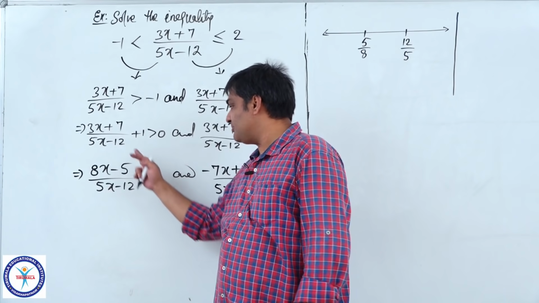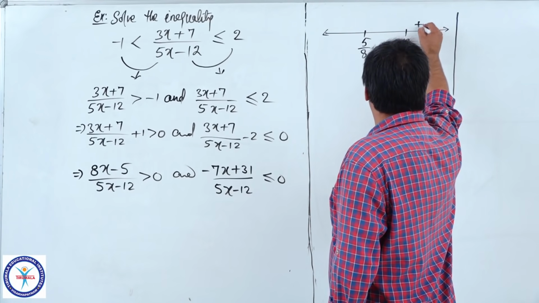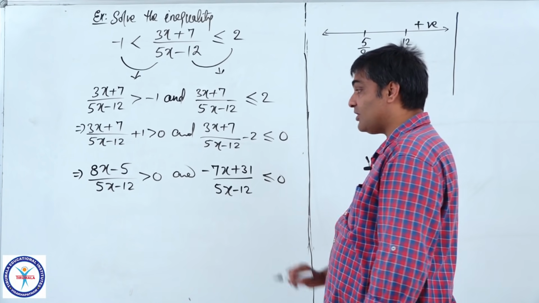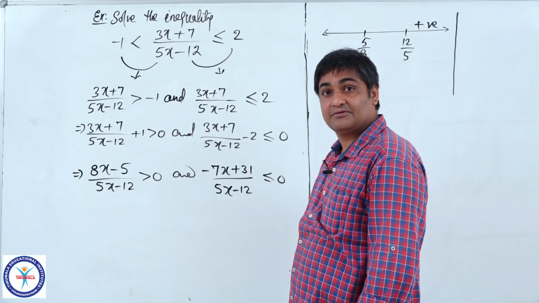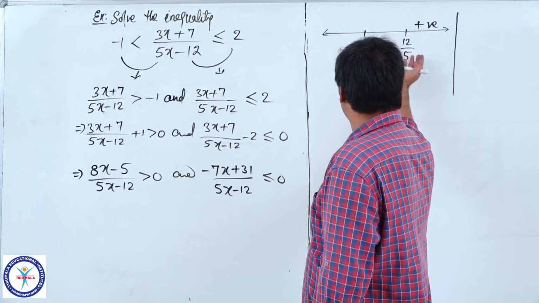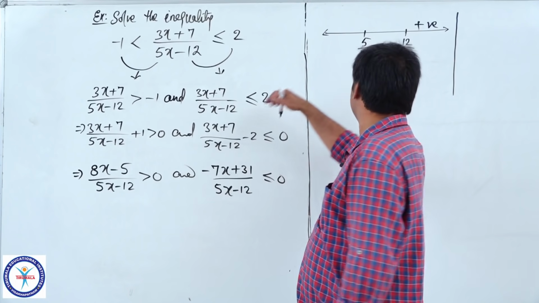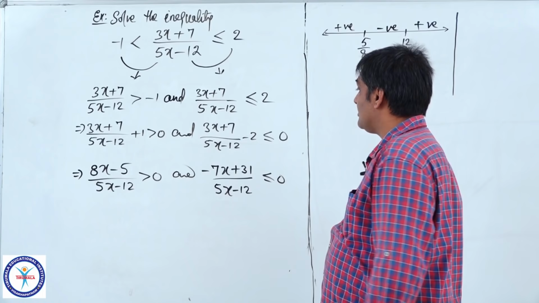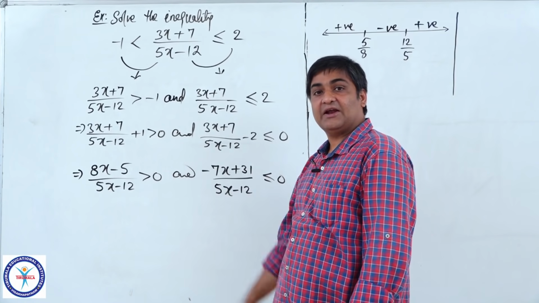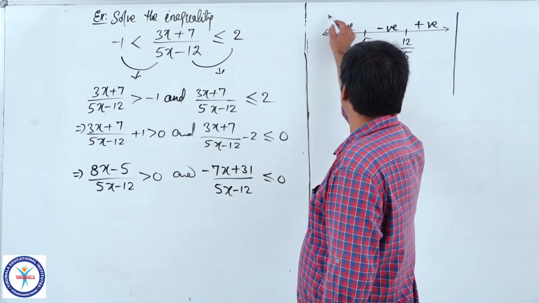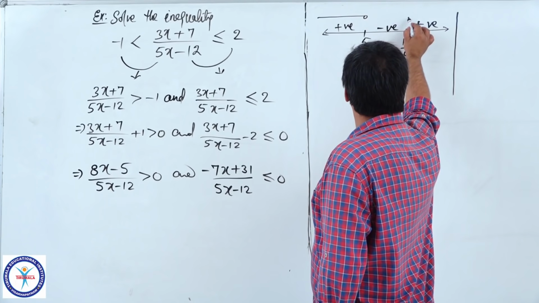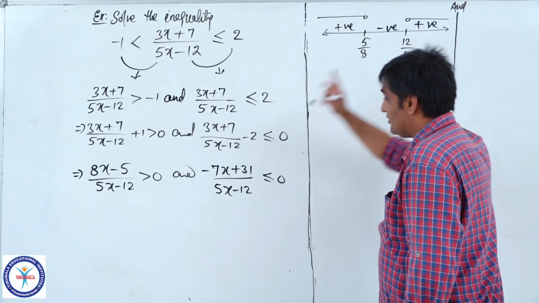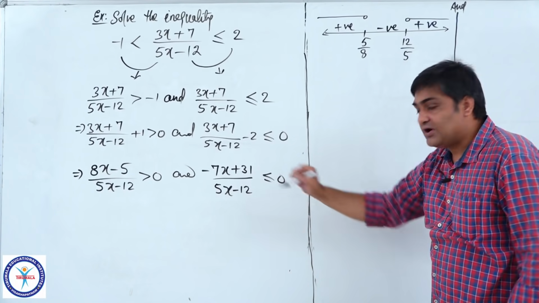What will be the sign? Positive. And while crossing these roots, observe the frequency, 1 time both. So, sign will change. Okay, we need greater than 0, means positive region, here and here, and come from here.